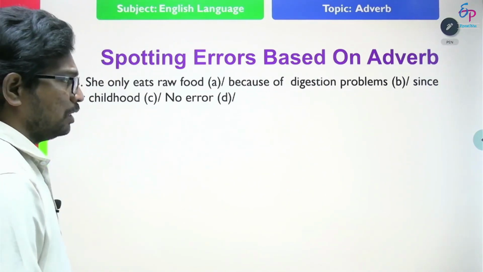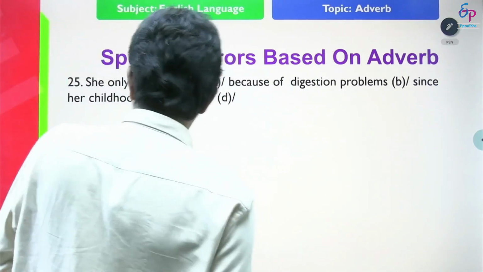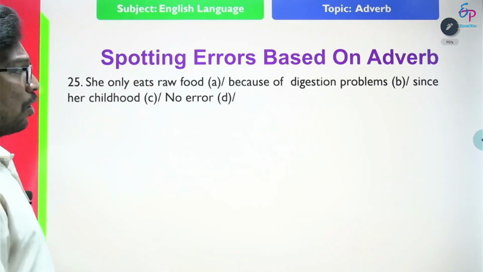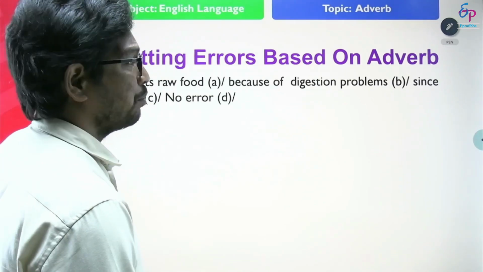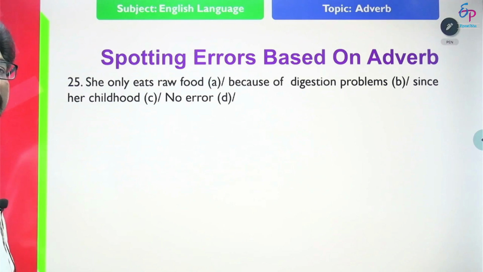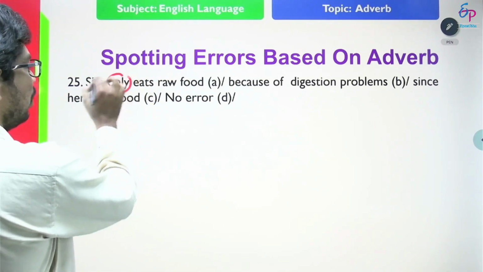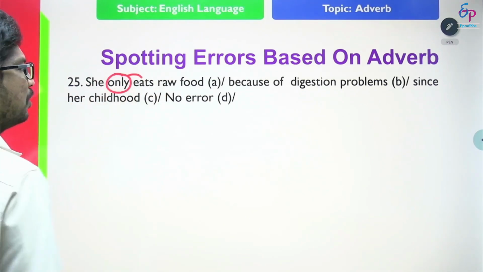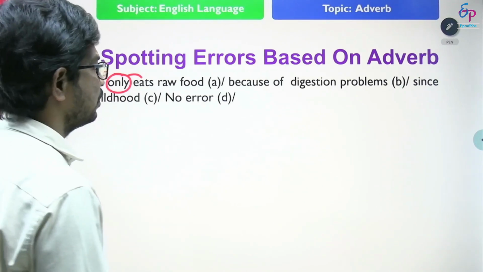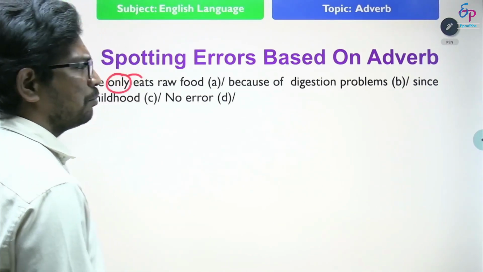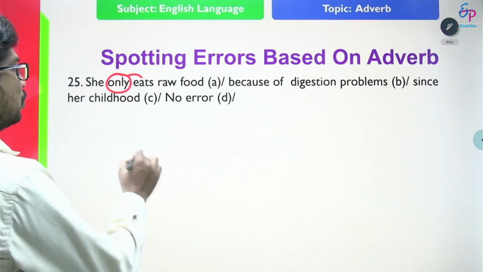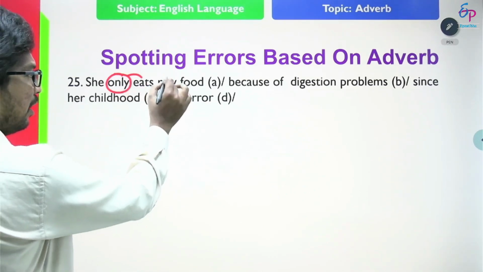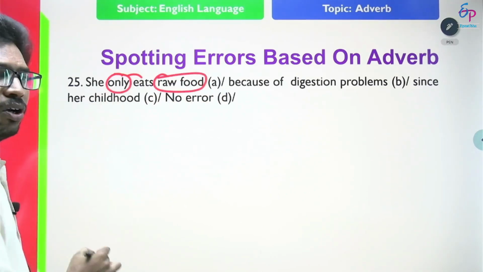Next, she only eats raw food because of digestion problems since her childhood. In this example, only is placed before eats. She only eats raw food because of digestion problems is not correct. So she eats, we are emphasizing raw food, not eat.